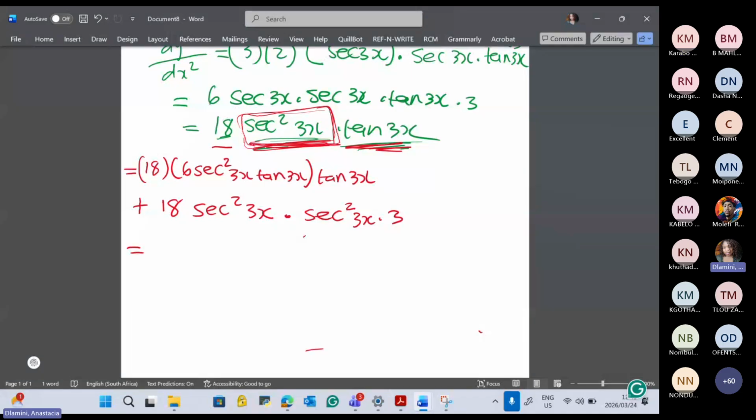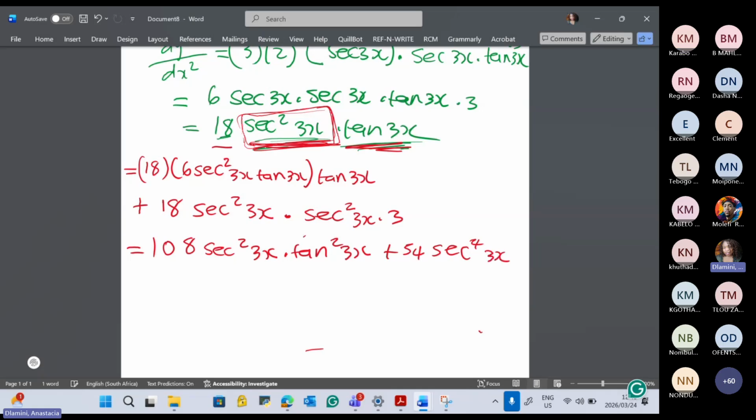Guys, what is 18 times 6? It's 108. And then we have sec squared 3x times tan squared 3x plus 18 times 3, is it 54? Yes, 54. Sec to the power of 4, 3x, right?